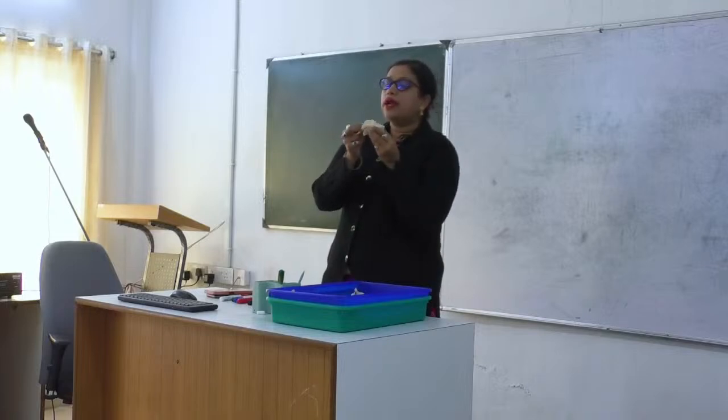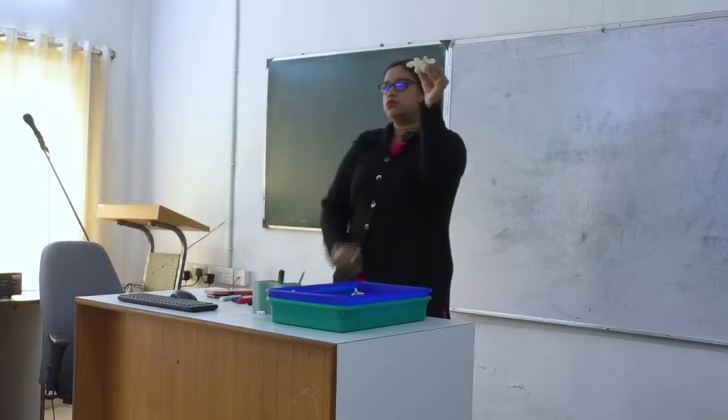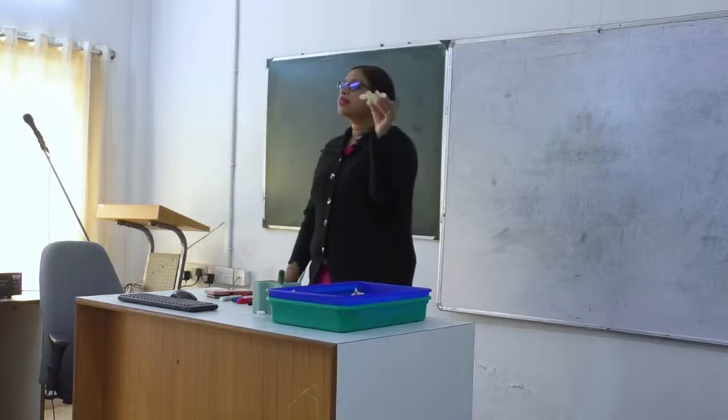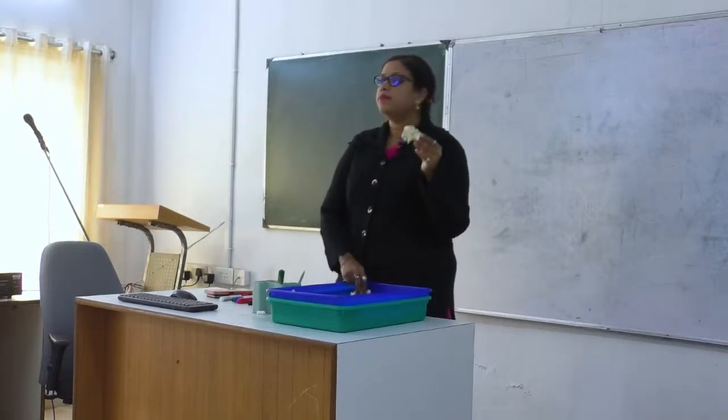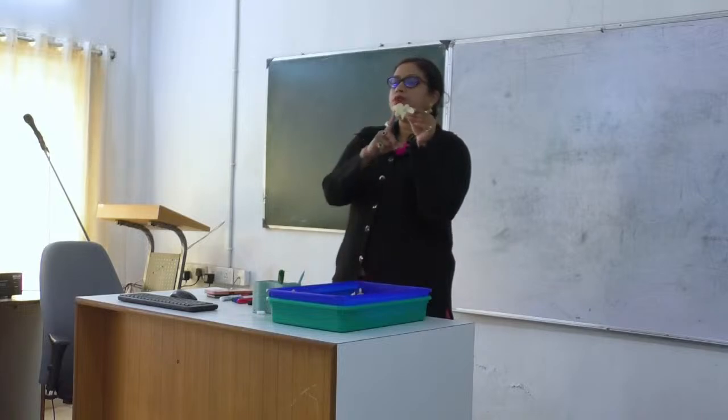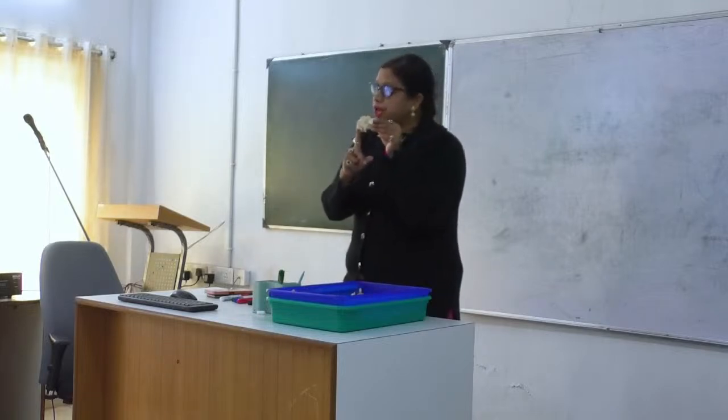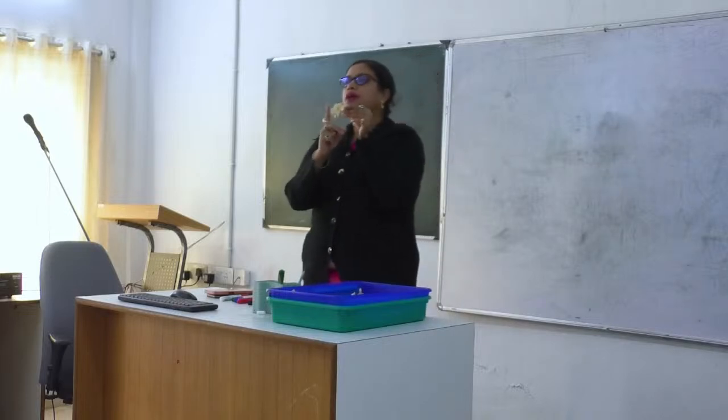Okay, now we are coming to the spinous process. Write it down. What are the characteristics of the spinous process? You could see, is it projected? What is the shape of the spinous process? It is quadrangular in shape.